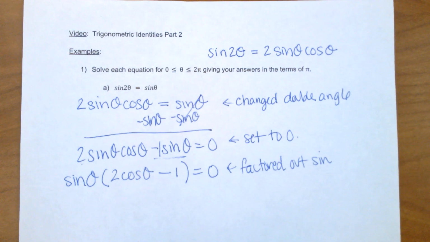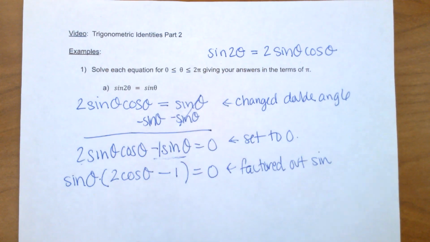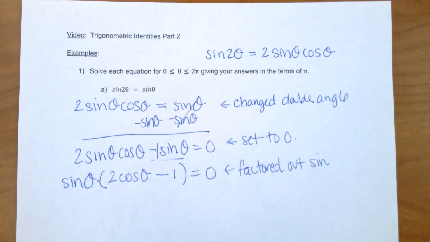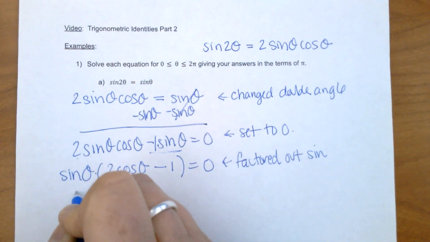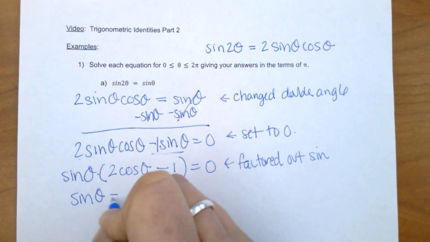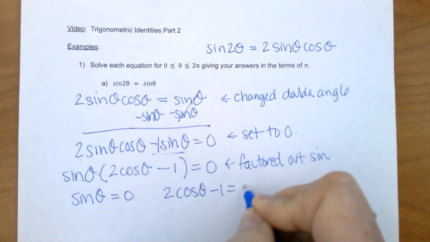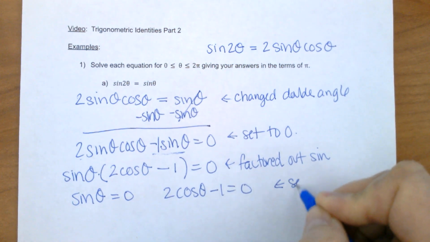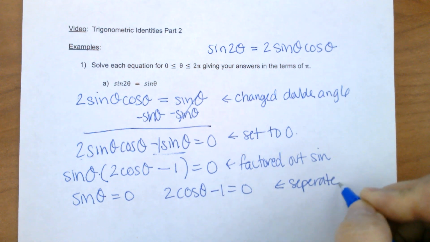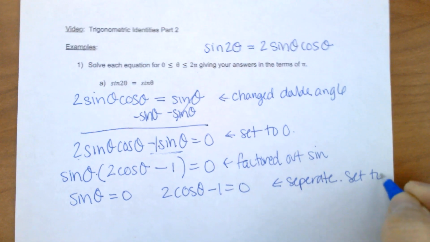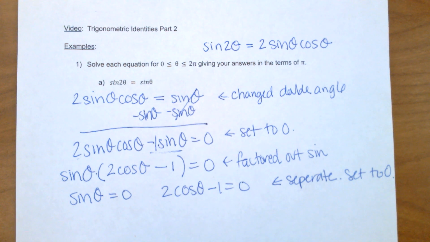Now, since I have multiplication here, I'm able to separate these and solve. So I can put sine theta equal to 0 and 2 cosine theta minus 1 equal to 0. So I separated, set to 0, and now I'm ready to solve.